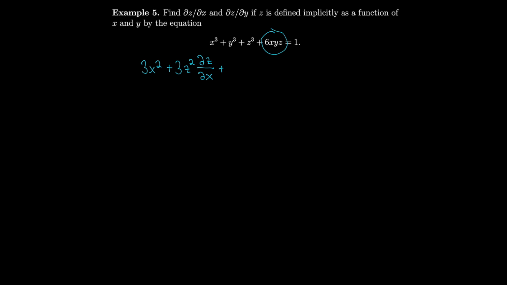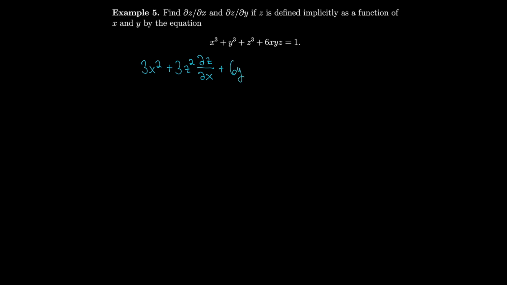Now look at 6xyz. X is a variable, y is a constant, so we can forget about it, but z is a function of x. So this is a product of 6xy and z. So how about I take the derivative of 6xy first? So then, if I do that, 6 times y is the constant, so that's all I have left.